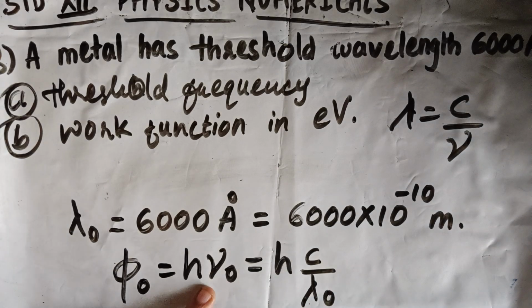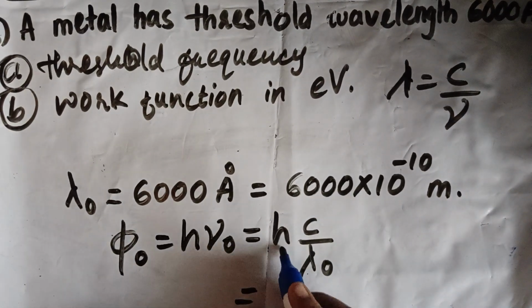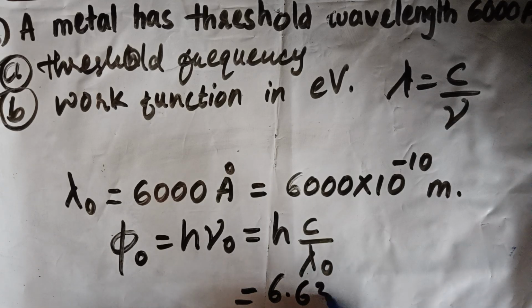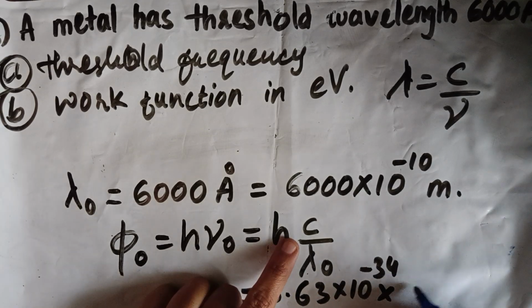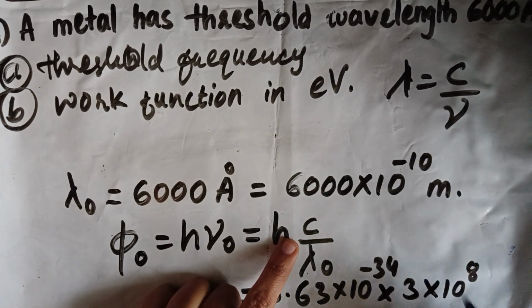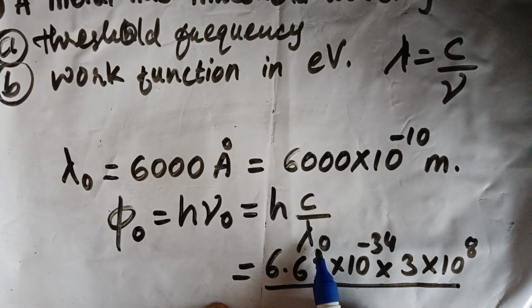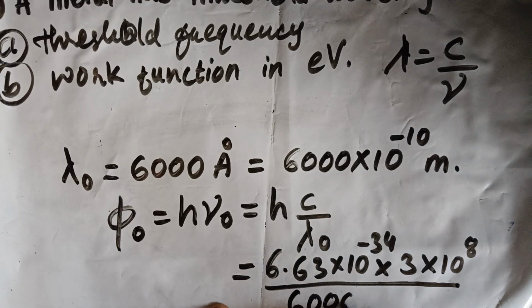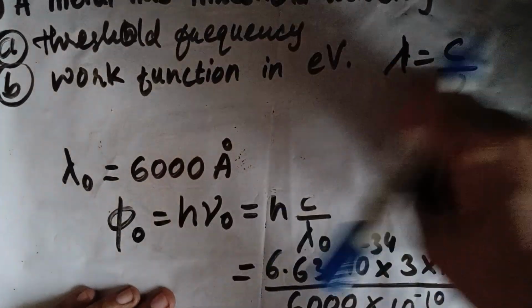Now you have to substitute values. h is Planck's constant, 6.63 into 10 raised to minus 34, into c, the speed of light, 3 into 10 raised to 8, upon lambda naught, which is 6000 into 10 raised to minus 10. So we have to solve this.